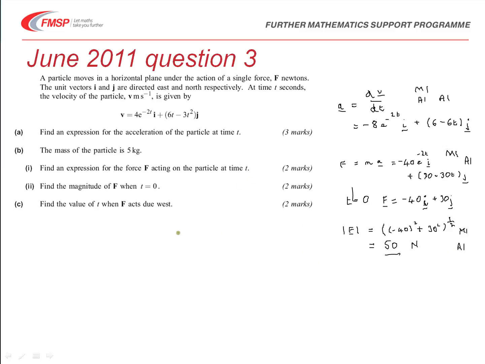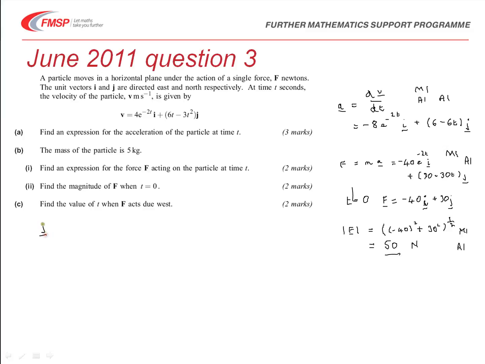Part c then says find the value of t when F is acting due west. If it's acting west, then there is no vertical component, so the j component must be 0.